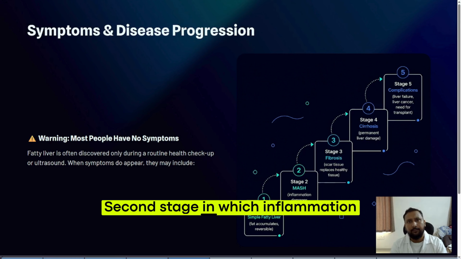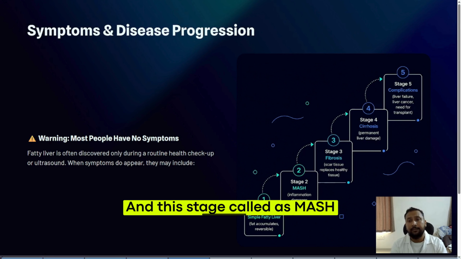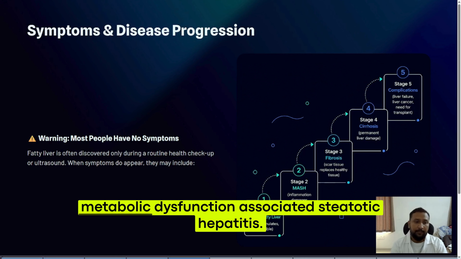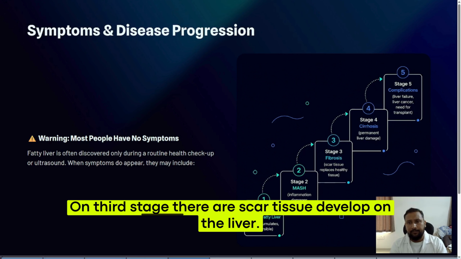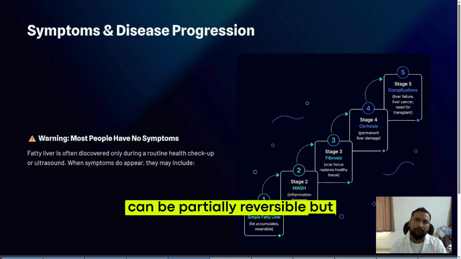In the second stage, inflammation of liver cells occurs, and it can also be reversed. This stage is called MASH, metabolic dysfunction associated steatohepatitis. In the third stage, scar tissue develops on the liver, also called fibrosis. This can be partially reversible.